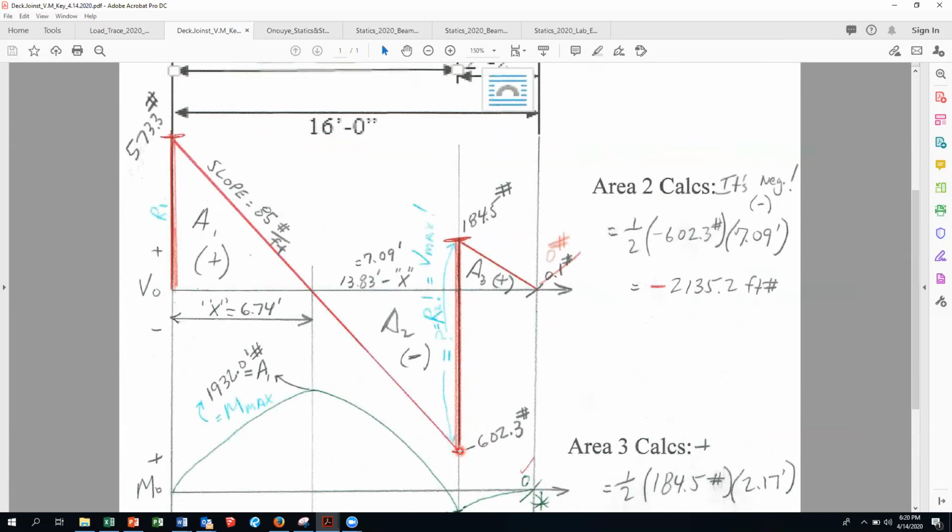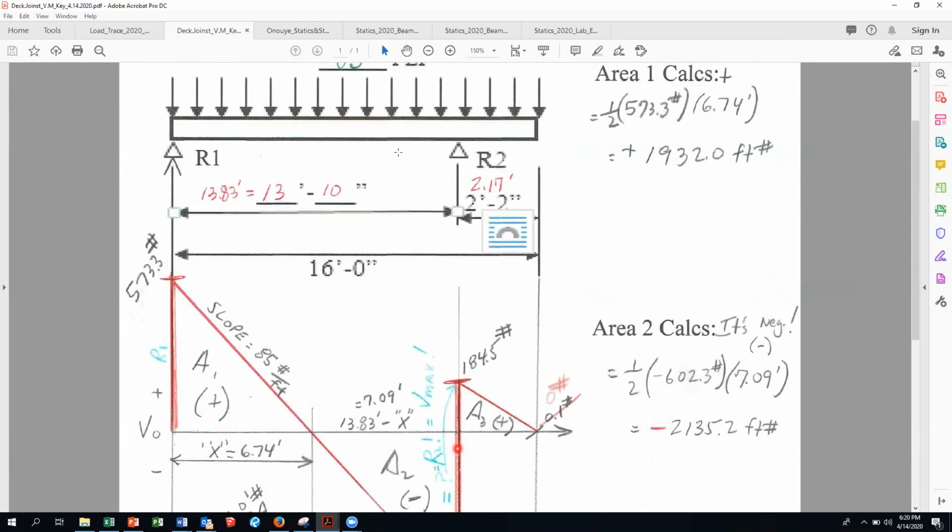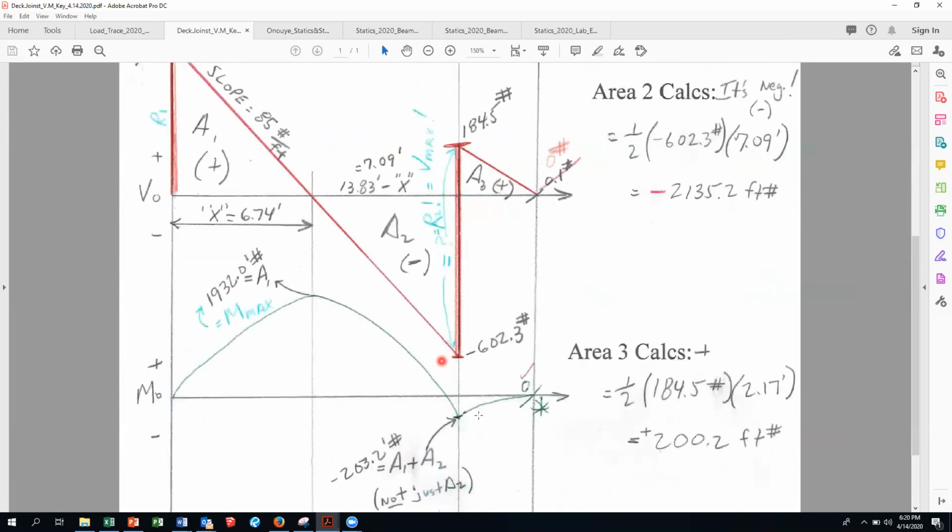When you add the reaction, 786.7, 786.7 plus a -602.3 is 184.5. Okay. Yep. Now, what I want you to do, and again, especially if you're taking structural theory, literally go through those steps that I gave you.